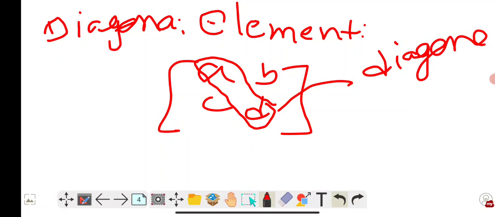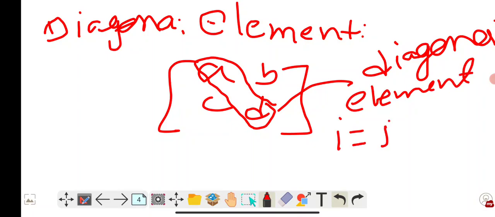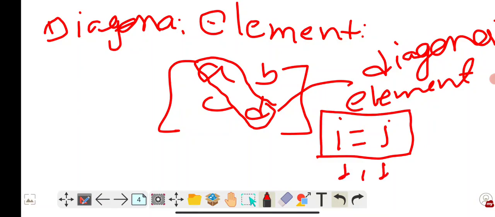What is a diagonal element? If I is equal to J, the element is known as a diagonal element. Here we can see 1, 1, A11. For element D also we have 2, 2, that is I equals to 2, J equals to 2. So here A and D are diagonal elements.